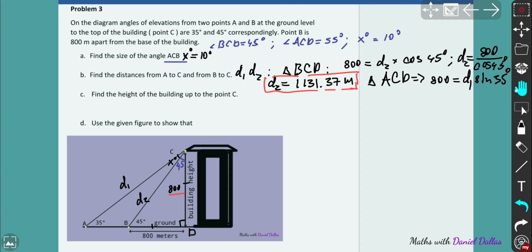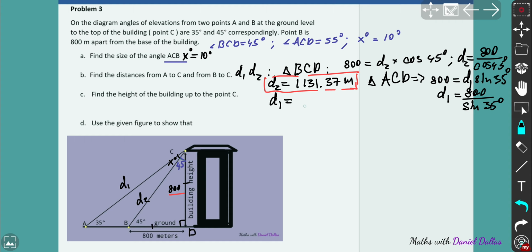Okay, so that's how it works. This is D1 sine 35, sorry, and D1 from there is simply 800 over sine 35. So D1 is 800 over sine 35.